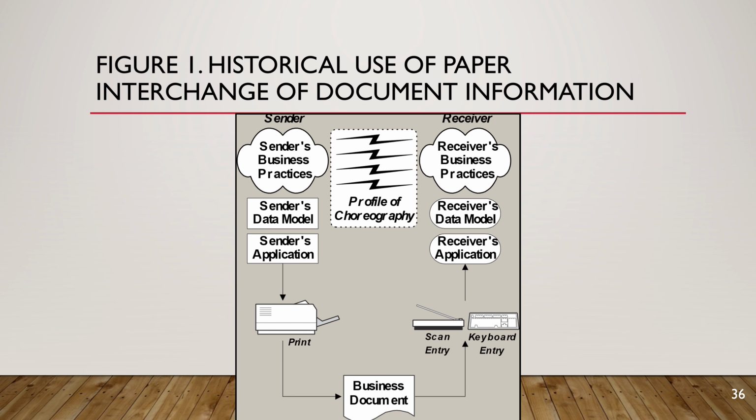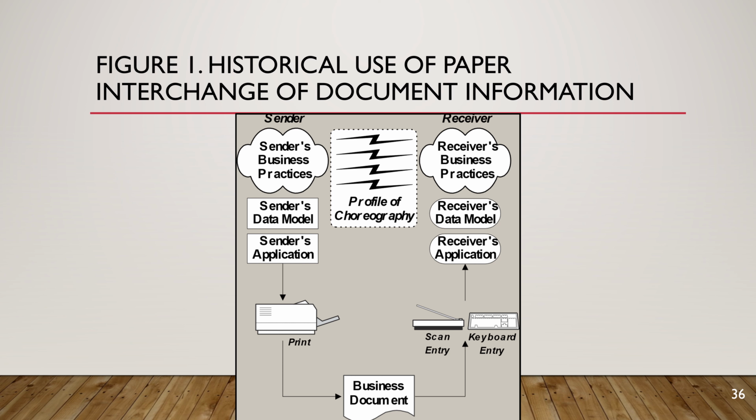I've extracted several figures from Ken's white paper. So first of all, we have the sender on the left and the receiver on the right. And historically, there's been the exchange of paper or the exchange of faxes. And that was what we see illustrated here.